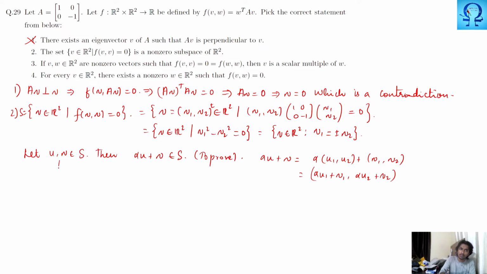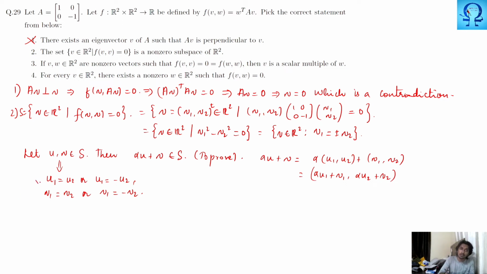Basically these two things we have taken from S, which means u1 can be either equal to u2 or u1 can be equal to minus u2. These things are possible. In a similar way, v1 can be equal to v2 or v1 can be equal to minus v2. This is also possible. Now let me check. Suppose these are the four possibilities.